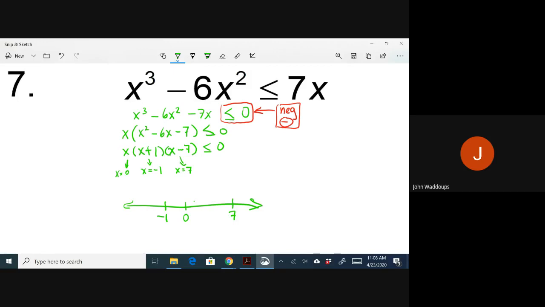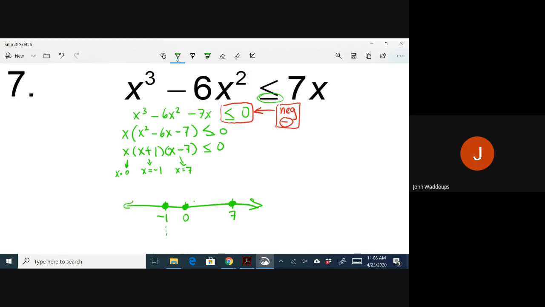Because of the equal to signs, we're going to use closed dots to represent that it can be equal to -1, equal to 0, and equal to 7.